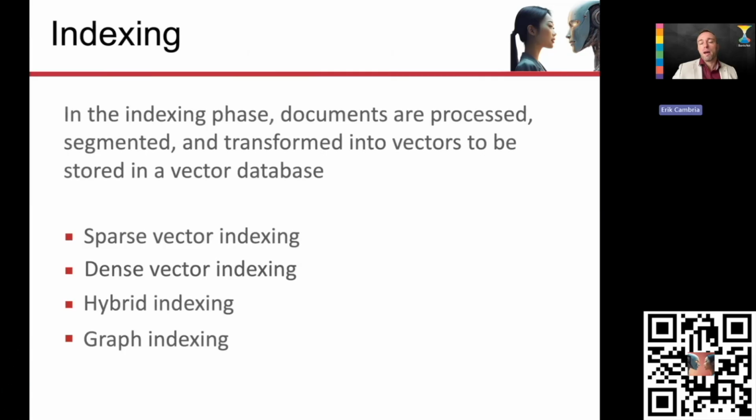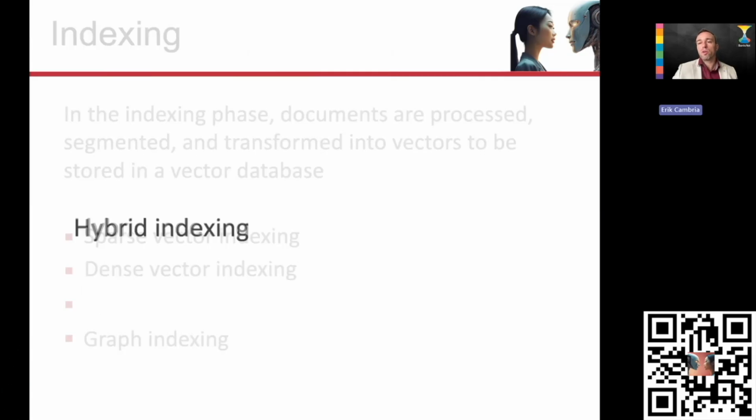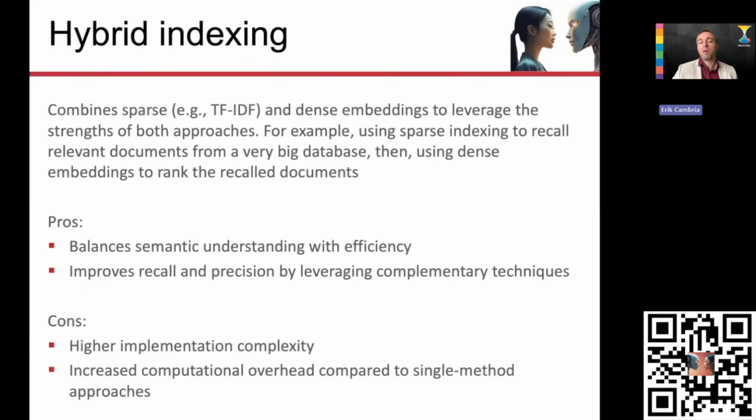And you can also have a mix of these two, as we said last time, for by-word versus positional indexes. Depending on the types of data that you're processing, you can apply one or the other strategy. For example, you can use sparse indexing to recall relevant documents from a very big database and then use dense embeddings to rank the recalled documents.